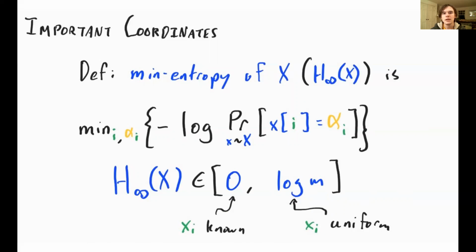And meanwhile, if no matter which coordinate you pick and which assignment you pick, you're basically uniform, then our min entropy is going to be like log m. Again, this is like 0 bits have been taken off of the full log m possibilities for Alice's side.